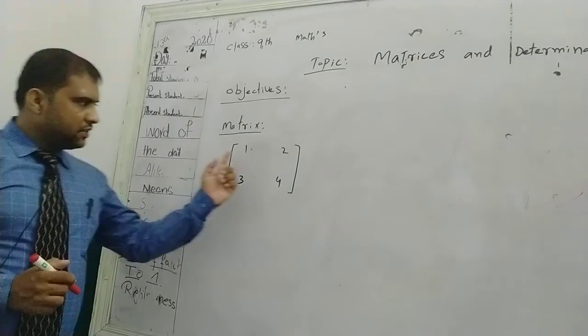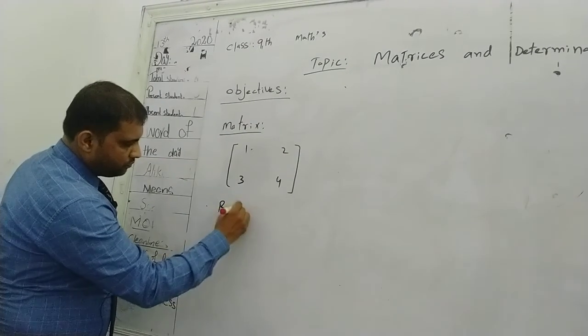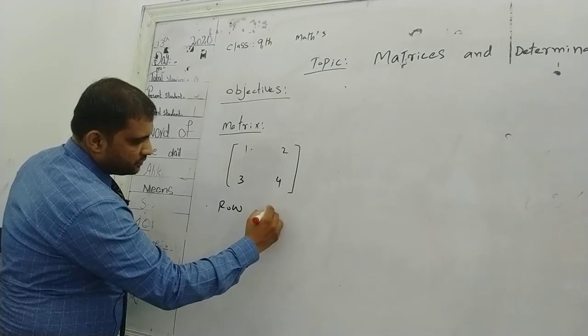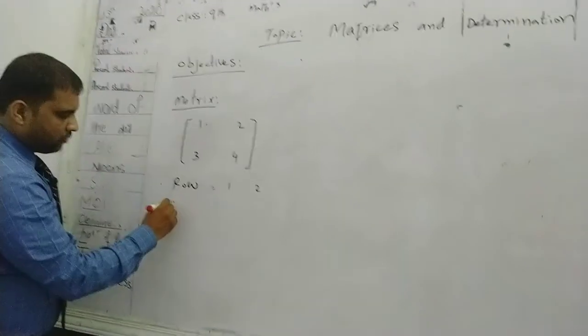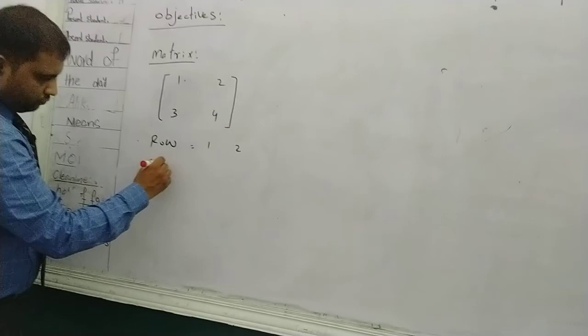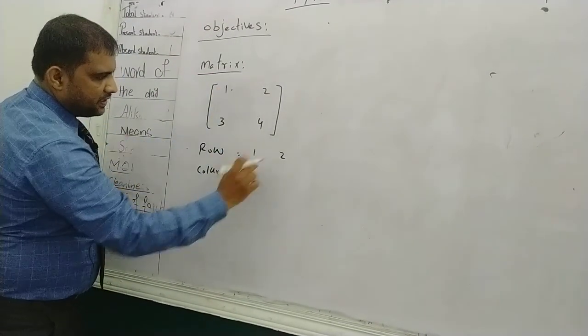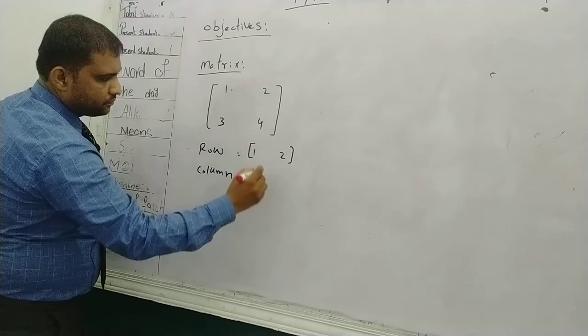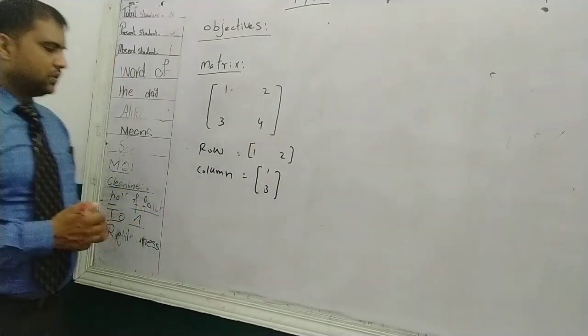Horizontal entries are called rows, like 1, 2 is a row, and columns: vertical entries like 1, 3 are columns.